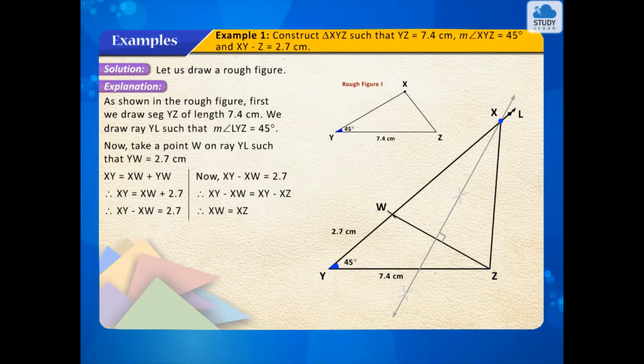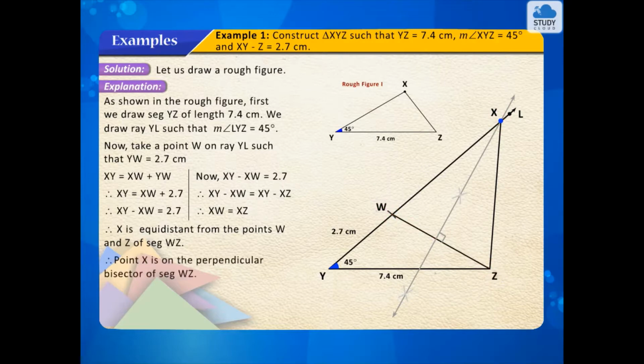Therefore, segment XW is equal to segment XZ. Therefore, X is equidistant from the points W and Z of segment WZ. Therefore, point X is on the perpendicular bisector of segment WZ. Therefore, point X is the intersection of ray YL and the perpendicular bisector of segment WZ.